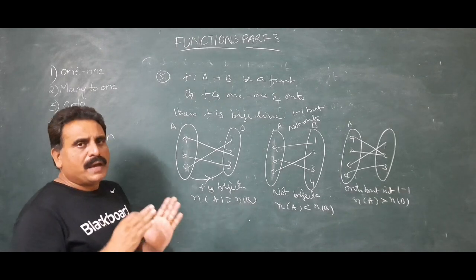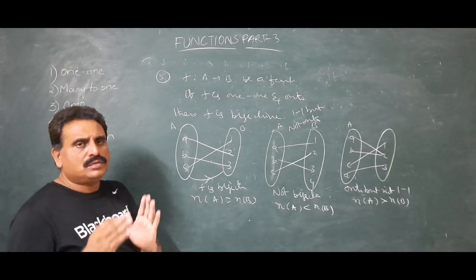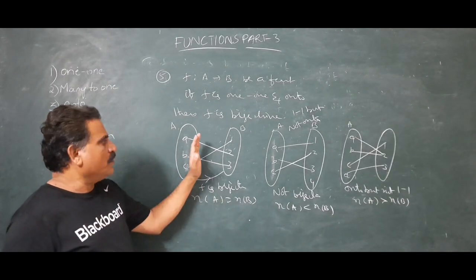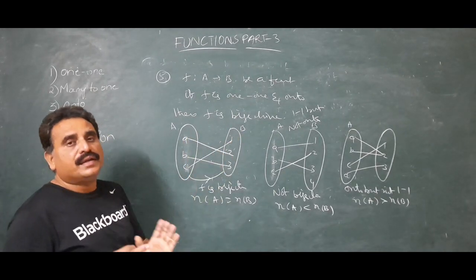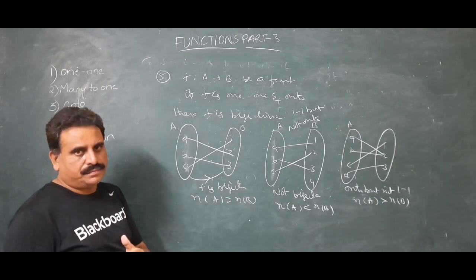Or if f mapping from A to B is bijective, definitely the number of elements in A equals the number of elements in B, provided A and B are finite sets.